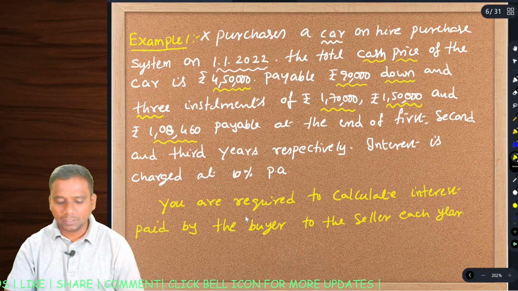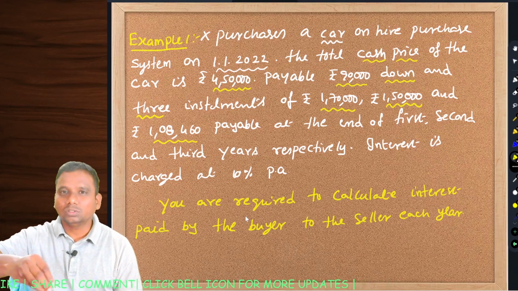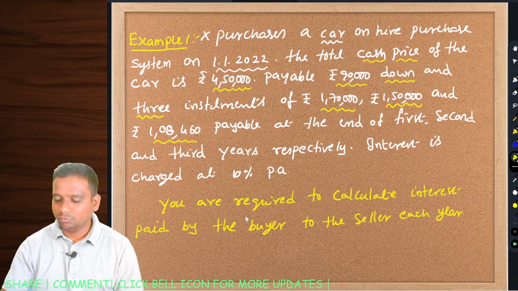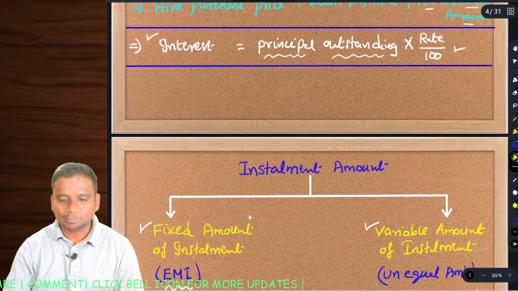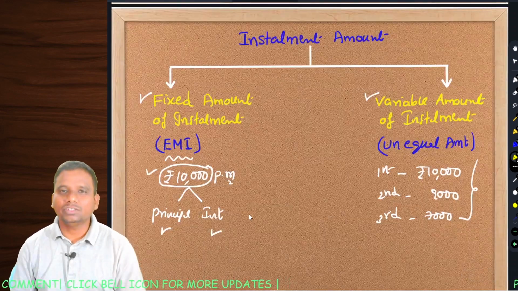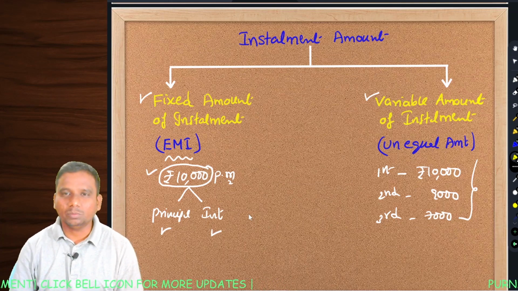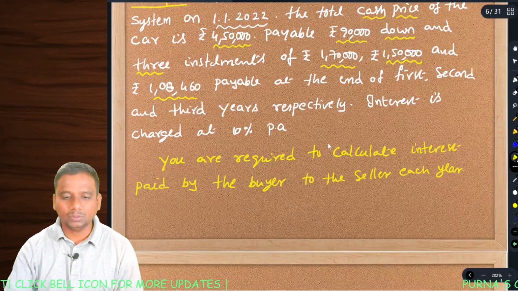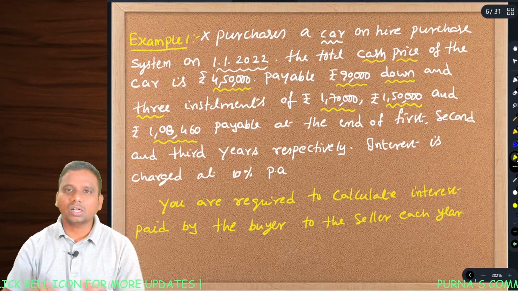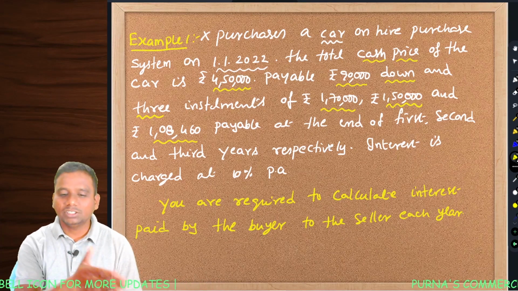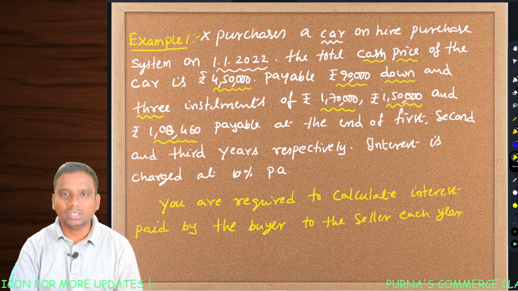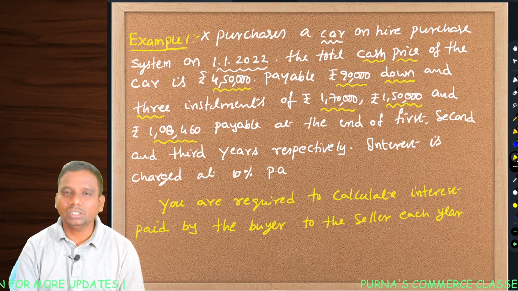Now you tell me, is this installment amount equal or unequal? We understood this concept: fixed amount of installment, variable amount of installment. In this example, it is unequal. First installment 1,70,000, second installment 1,50,000, third installment 1,08,460.